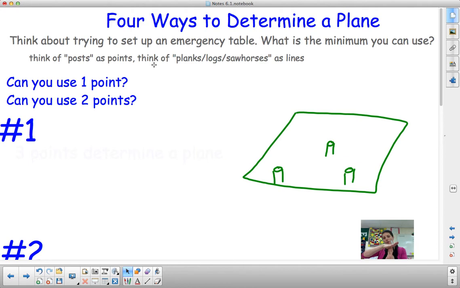Well, you would get it set up, but it wouldn't be very stable. So no, 2 points do not determine a plane. 2 points determine one line, and a line isn't enough to support a plane. But if I had 3 points, like we have in this picture here, then I have enough to support my plane. So 3 points determine a plane.